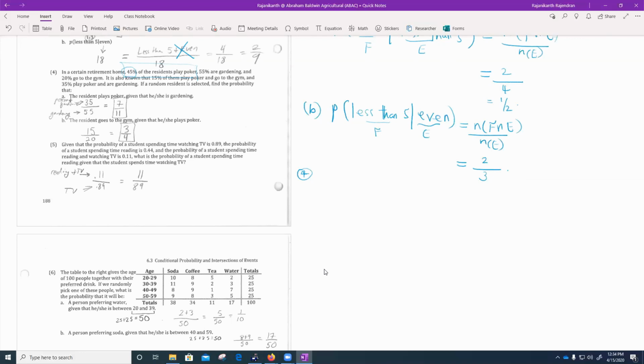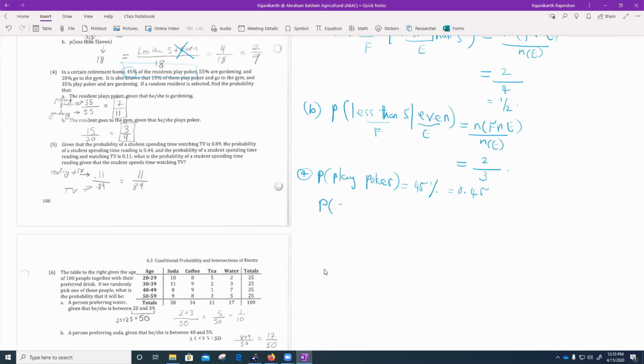So let me convert the word problems into symbolic form. The probability of playing the poker game is 45%, which is 0.45, right? What is the next one? 55% are gardening.